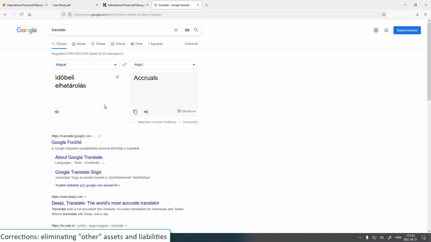Accruals. So there is this active and passive accrual when you know that you have losses in the next year, and then you will already be creating some savings ahead, or when you know that you will get extra revenues in the next year, and also you have to add it to the balance sheet.